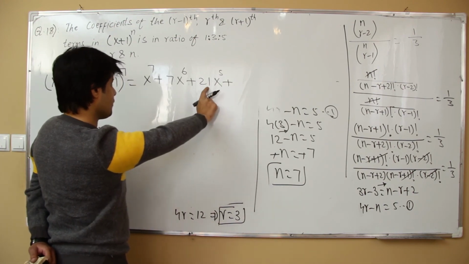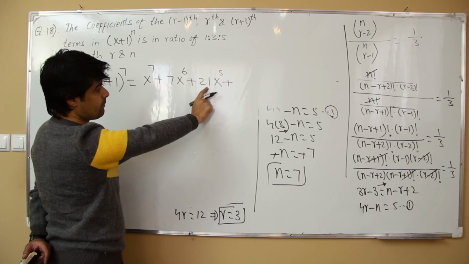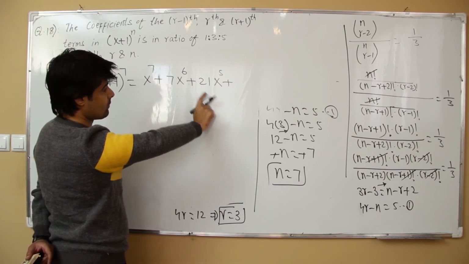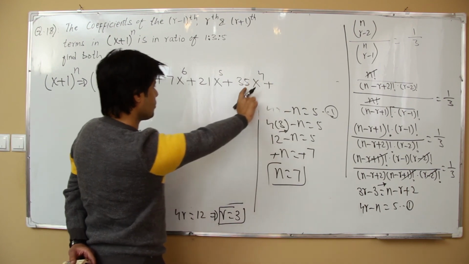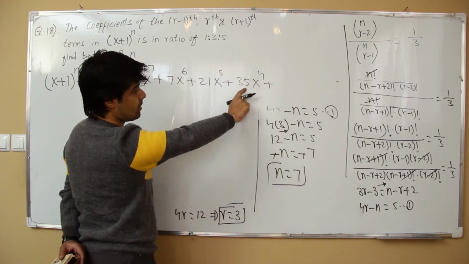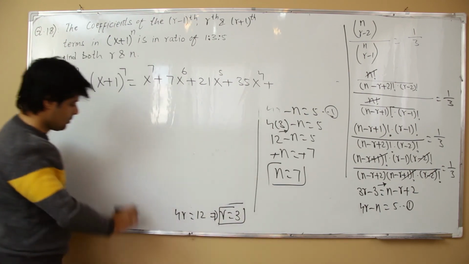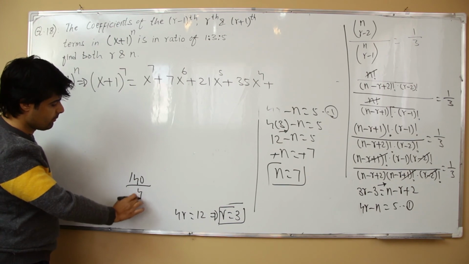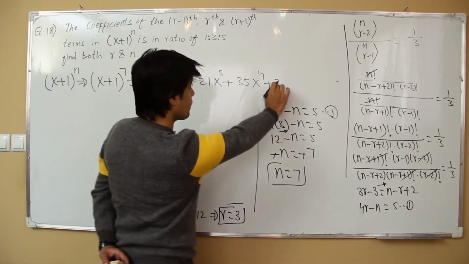The next one is 5 with 21, I think it is 105 by 3. 105 by 3, it's 35 x to the power 4. 4 times this one, it is 140 by 4. 140 divided by 4, we have 35.